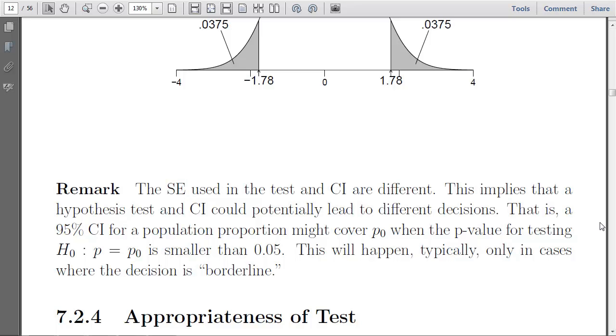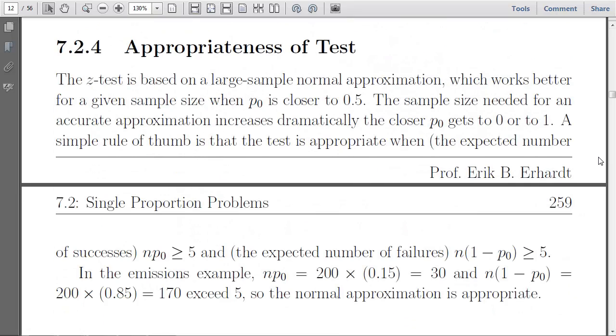That means that you need to be clear about whether you are conducting a hypothesis test or a confidence interval. So what your goal is determines how you answer that question. Am I making inference with a confidence interval, or am I testing something? All right. Finally, the appropriateness of the hypothesis test is the same as for the confidence interval, except instead of p-hat, we're going to use p-naught.